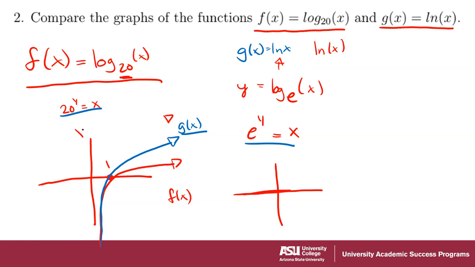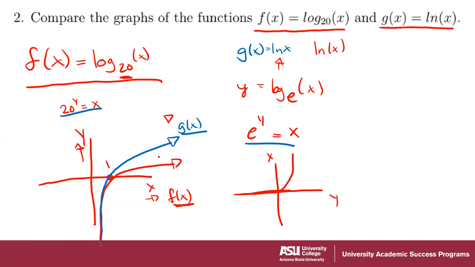Over here we had y and x, here we'll have x and y. So for f of x, as the y gets bigger, the x gets bigger, right? And notice that y is getting bigger pretty slow, but x is getting big really fast. It's sticking close to the x-axis.